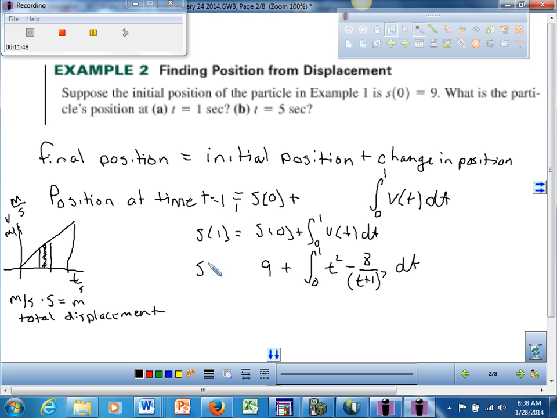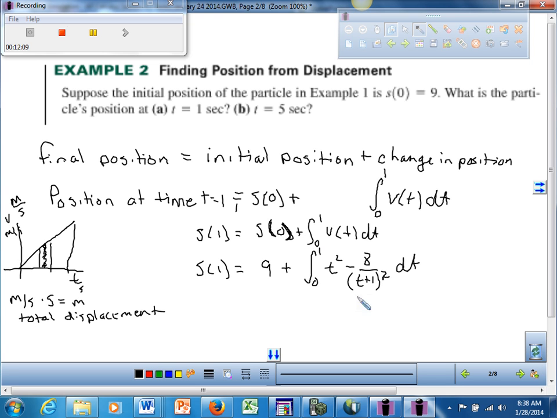So to get S of 1, the position at time 1, right now, on your calculator, do that, please. What is that S of 1? Yes, same function as example 1.